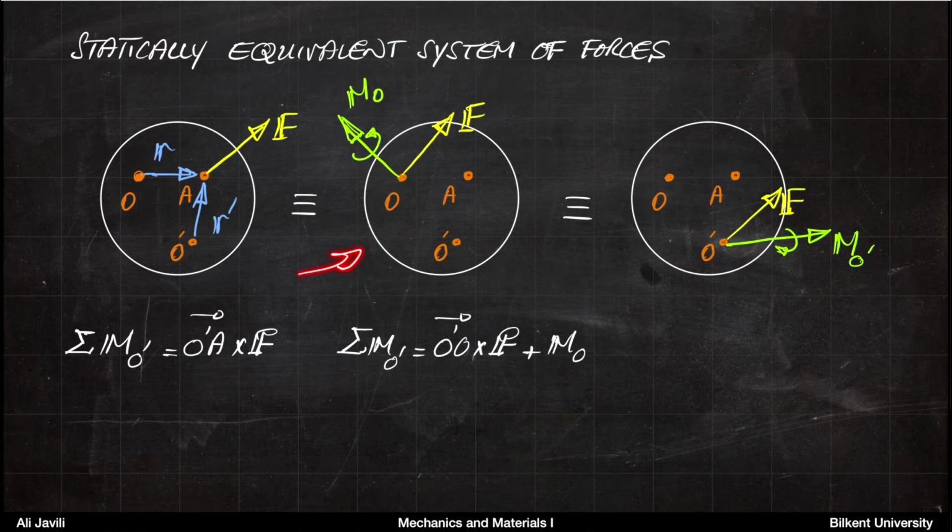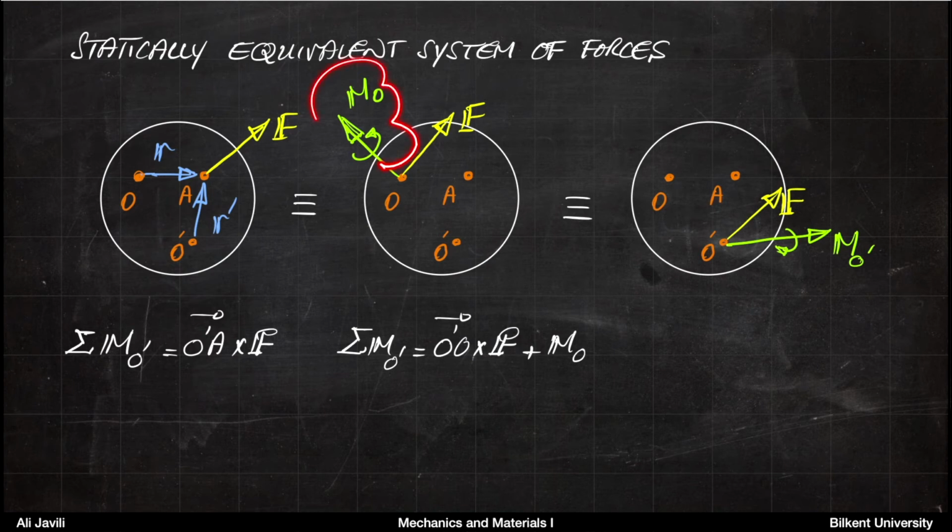In the second one, if we want to write the resultant moment with respect to O prime, that would be O prime O times F, plus the additional moment MO that we need to keep the two systems in equilibrium.